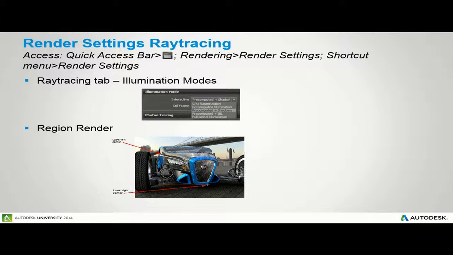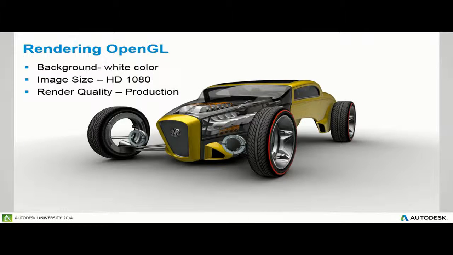Full GI is the optimum, the ultimate result in rendering. So I'll show you. This background is white color. This is the image size. I had put the image size as 1080, and this is the render quality I had set to production. There is also render quality that you can set in the render setting options module. You can set the render quality there.